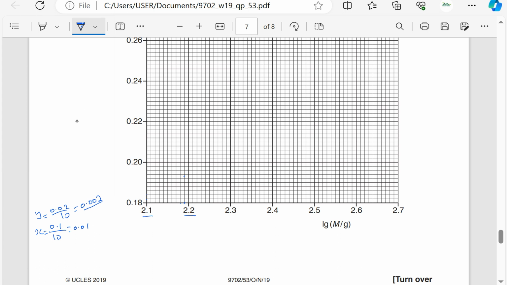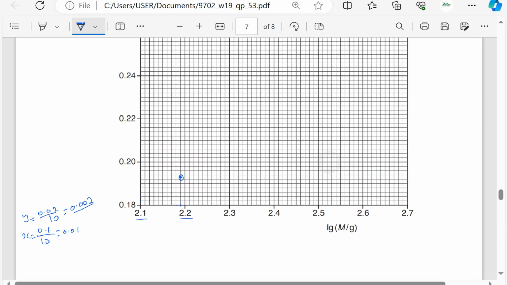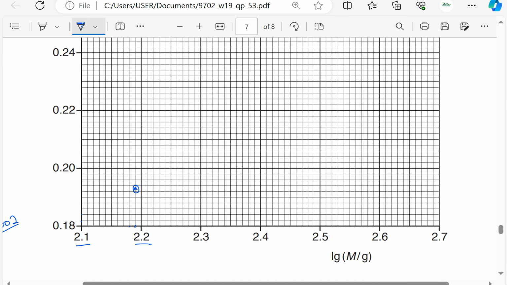So if this is the point, I'll put a mark there and I'll circle this point. Now the circle is supposed to be very small, but because I'm plotting on a computer, it is very hard. I can expand this.